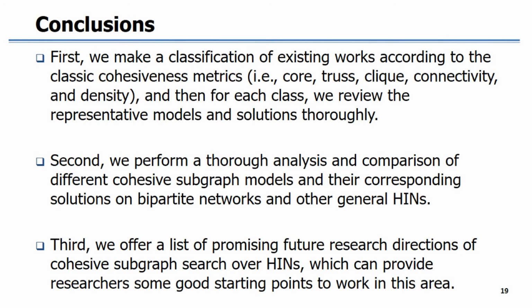Second, we perform a thorough analysis and comparison of different cohesive subgraph models and their corresponding solutions on bipartite networks and other general HINs. Third, we offer a list of promising future research directions of cohesive subgraph search on HINs, which can provide researchers some good starting points to work in this area.